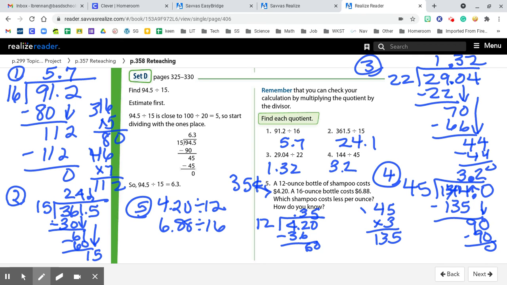And then 6.88 divided by 16. 16 times 4. And 0.43. So 43 cents was our other amount.